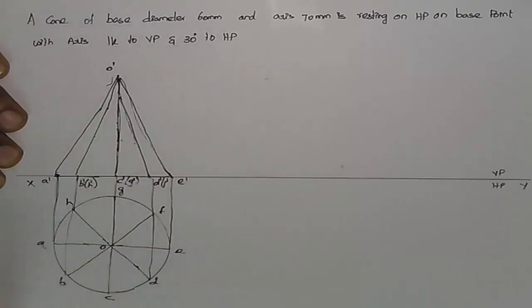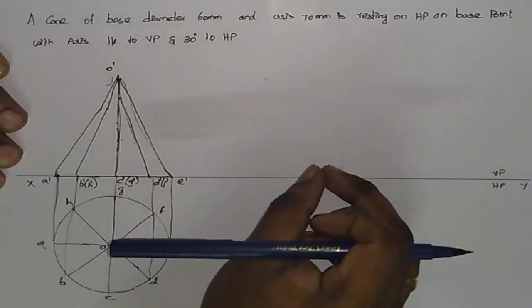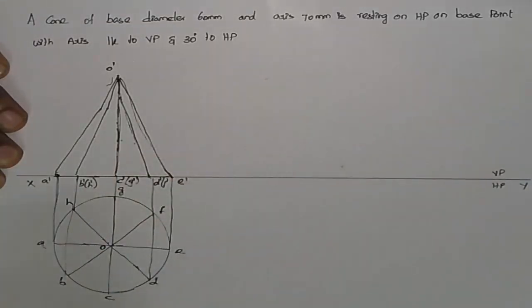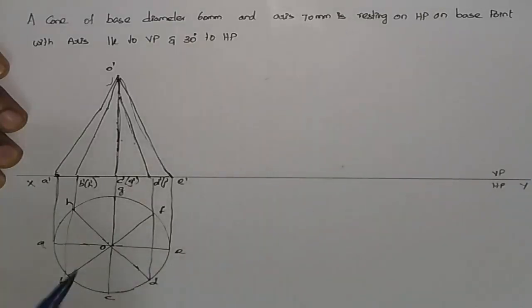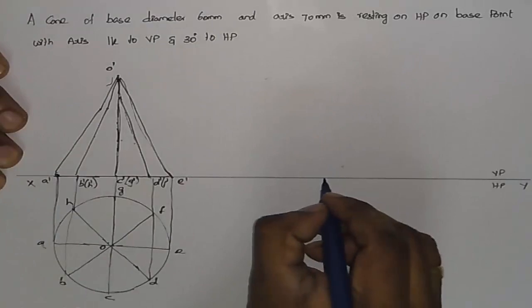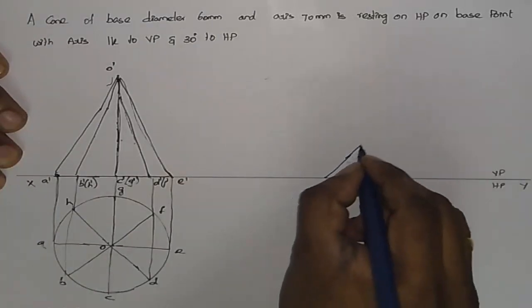So now the next thing is you have to make this 30 degree to HP. That is, the axis must be 30 degree with the horizontal plane. So in order to make that 30 degree, I am keeping my base at 60 degree. So this is my base.